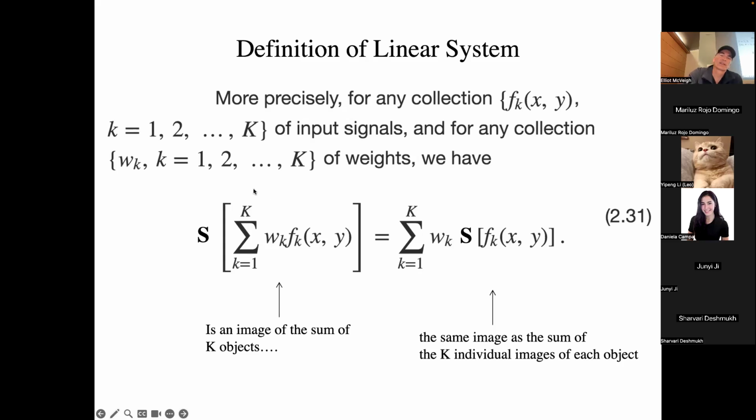So let's break this down piece by piece. I can create a ground truth signal f(x,y) by adding up different components of f(x,y).